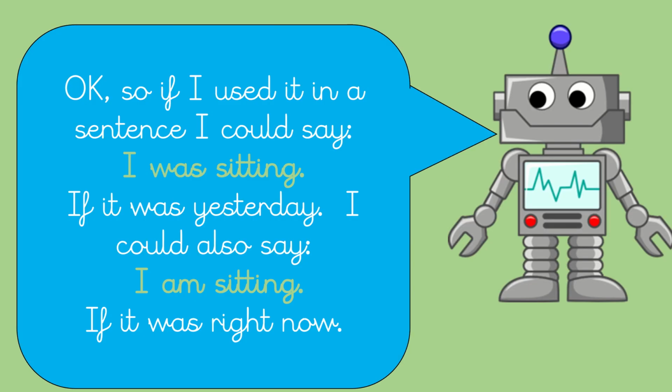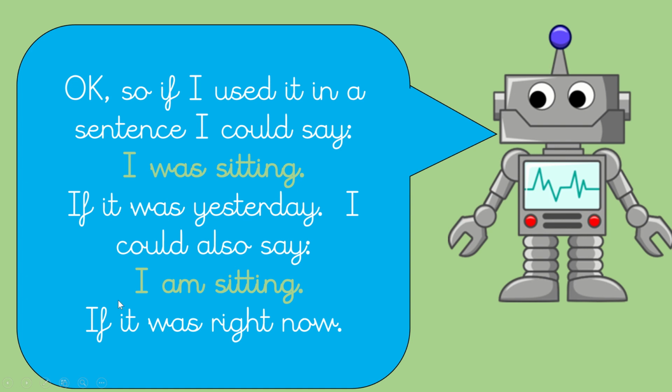Okay, so if I used it in a sentence, I could say, I was sitting if it was yesterday. I could also say, I am sitting if it was right now. Okay, so Rex has said you can say I was sitting, and you're talking about the past and it's continuing to happen until you say that something else is happening.